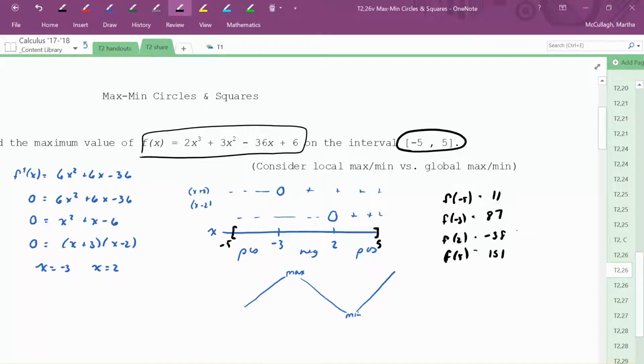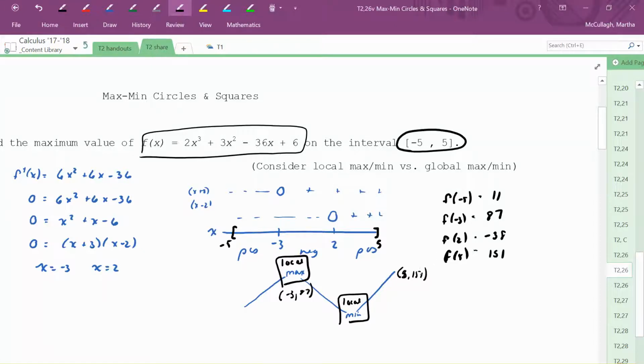So while this is a local maximum, and this is a local minimum, this point at 5, 151, is higher than -3, 87.